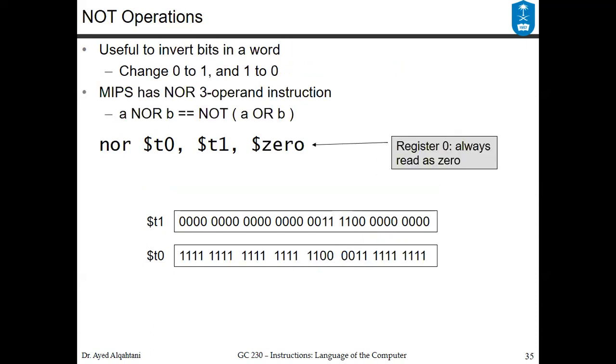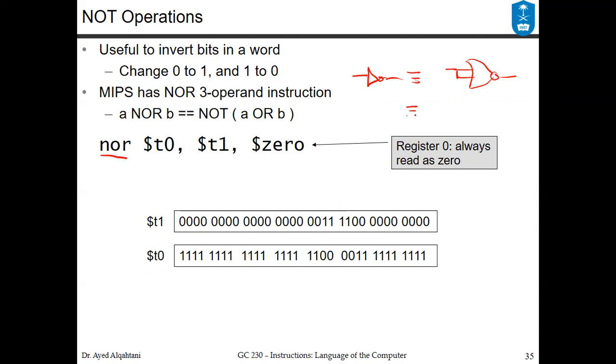Now, the NOT operation is actually the inversion of all the bits. So if you have T1 and you want to invert it and store the value in T0, you flip everything. If you have a 0, you flip it to 1. If you have 1, you flip it to 0. But to implement this in assembly, we use the NOR instruction. As I mentioned before, the NOT is equivalent to the NOR, but with both inputs connected together.